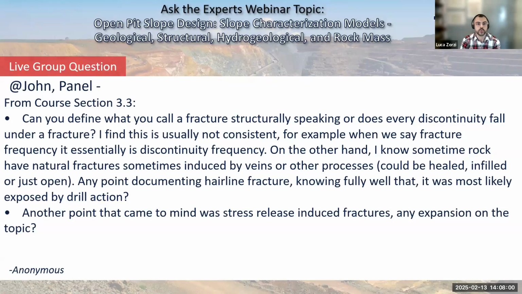So you might want to look at weak systems like weak veins and their 3D organization and shape, and how they could influence the overall stability of the slope. So it all comes down to defining the problem, defining what you want to call them in your project, and then adjusting your analysis based on the problem that you want to solve. And I agree with the point on the mechanical breaks to just not log them, because that created a lot of havoc when we tried to log the mechanical breaks for open pit projects.